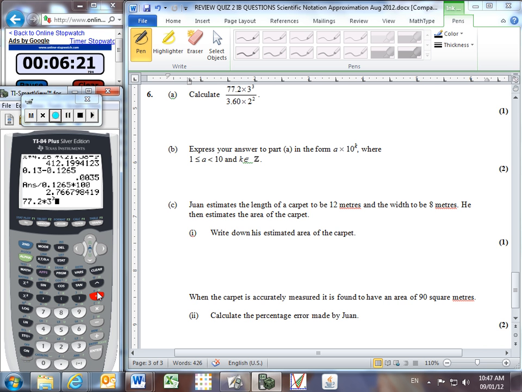And then we're going to divide by, and this is where the trap lies of this problem. We need to divide by the entire quantity, 3.60 times 2 squared. If I only wrote down divided by 3.60, the calculator would assume that this is the only thing I'm actually dividing by.